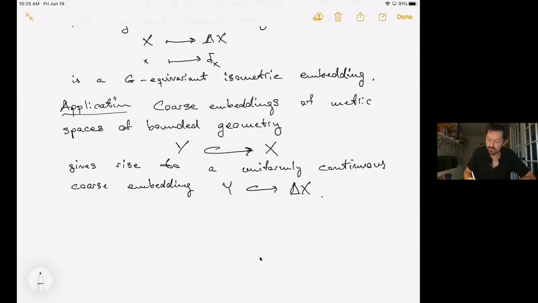So let me write out a statement of the first application of these constructions.